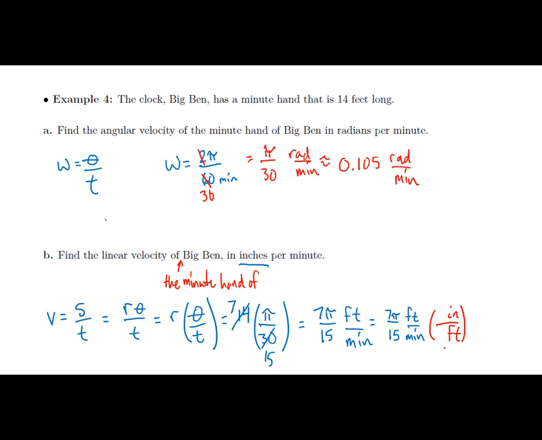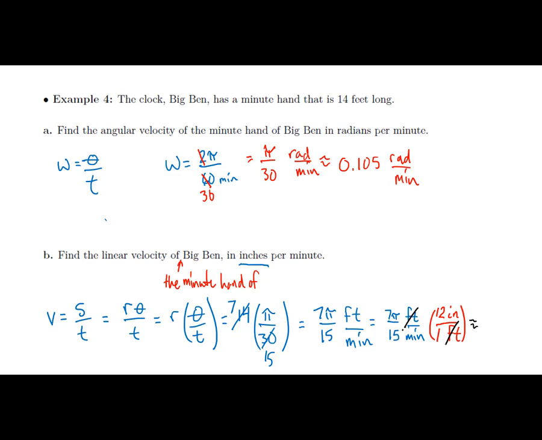But then I need this fraction to just be 1, so I need to make sure that my number of feet on bottom is equivalent to my number of inches on top. So if I multiply by 12 over 1, I get this converted into the units I want, which is inches per minute. So I cancel out the feet, and now I've got the units that I desire.